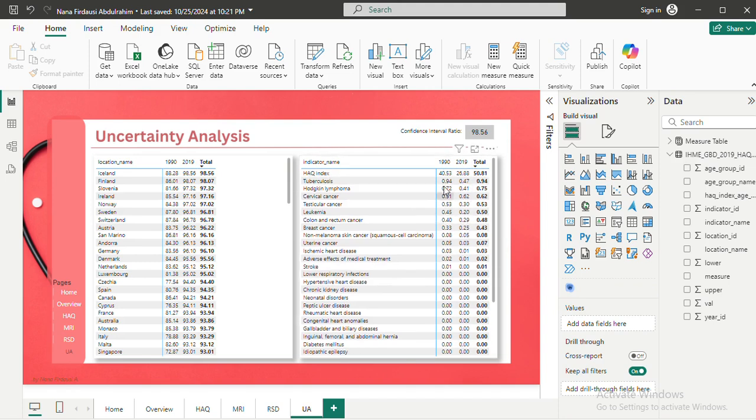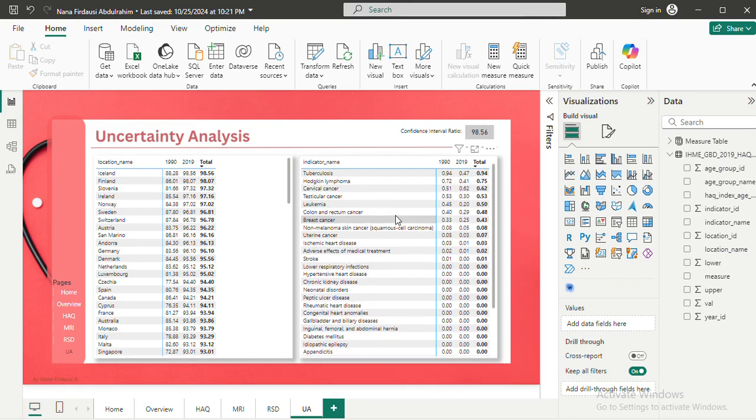I'm supposed to filter out this HAQ index, but just ignore it. So from here we can see that the data set collected from tuberculosis has a very high confidence interval, meaning the data sets collected on tuberculosis are not very reliable.